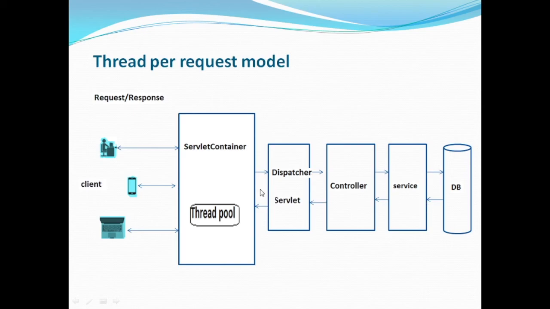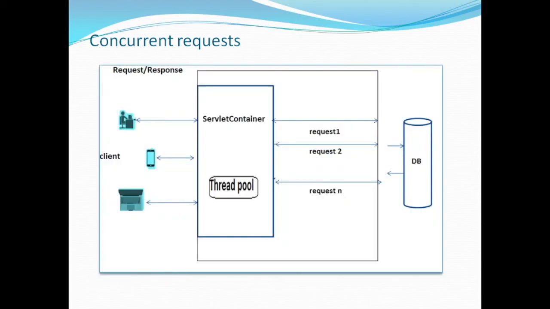But if, for any reason, your thread enters into wait mode, that is the limitation of our traditional REST API, which leads to blocking mode. That is how we manage concurrent requests for the application. Let's say we get n number of requests concurrently.